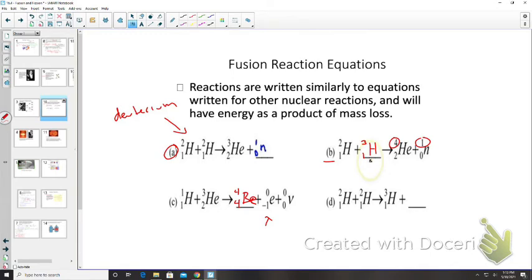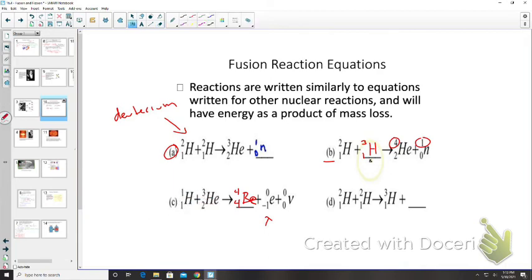But I was just saying that let's make sure that our atomic and our mass numbers are always going to be balanced, right? So C was beryllium 4, right? Because I had 4 mass number going in, so I need to have 4 mass number going out. And I have 3 atomic number going in. 4 minus 1 is 3.